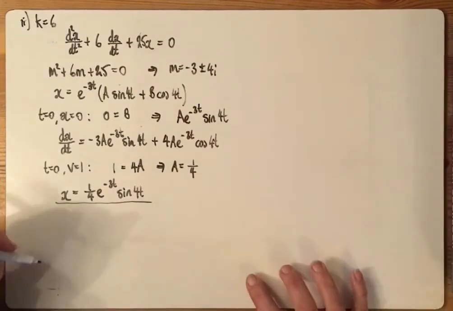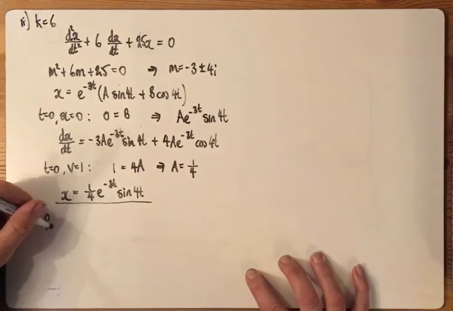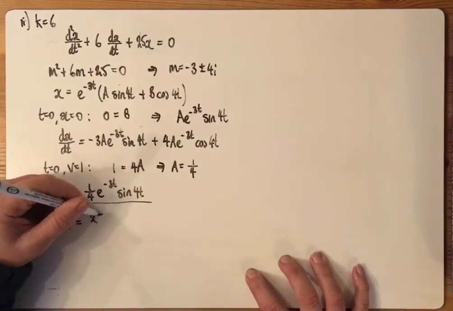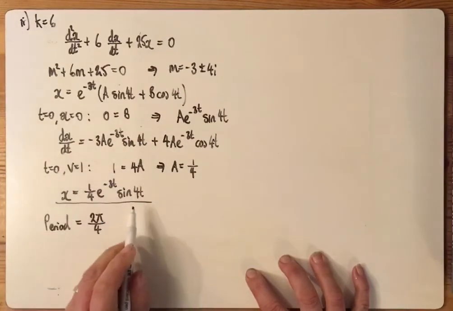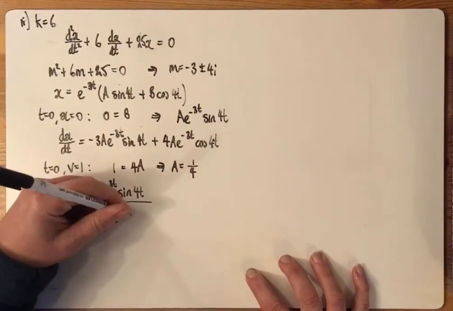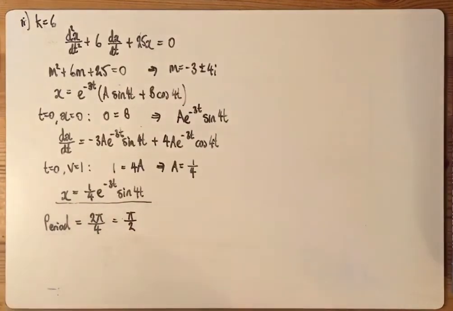And so, sketching this, the period is equal to 2 pi over 4, because we've got a stretch scale factor a quarter in the x-axis, which is pi over 2. I'm not going to do a super neat sketch, but do pop this into GeoGebra if you want to.